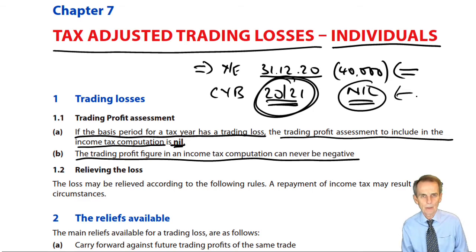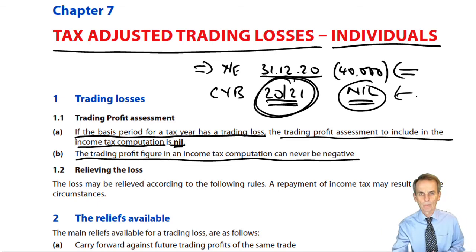We could have property income. We could have savings income. We could have dividend income. So we may have a figure of income that would be chargeable to tax in the current tax year. And of course, in the preceding tax year, there was no doubt a taxable income figure chargeable to tax.